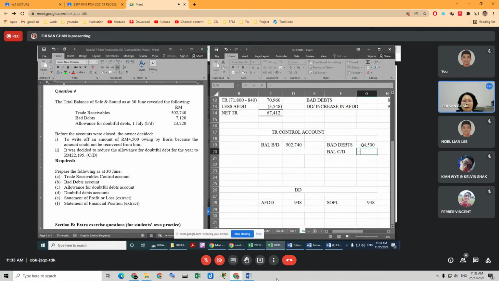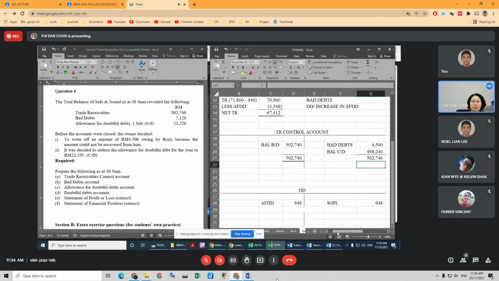This one minus this one. So this is our closing balance, our closing trade receivable, 160,740. So this one, sum it up. So trade receivable control account, done.